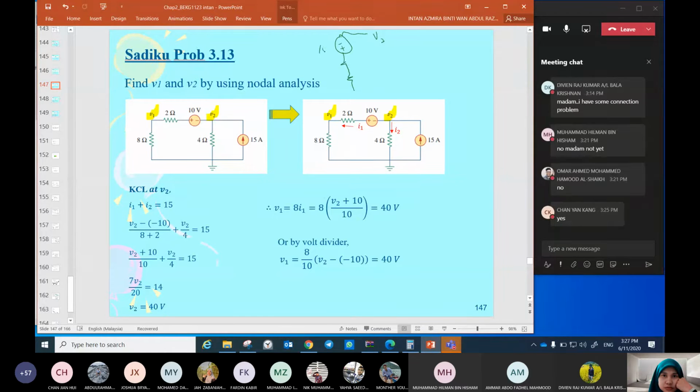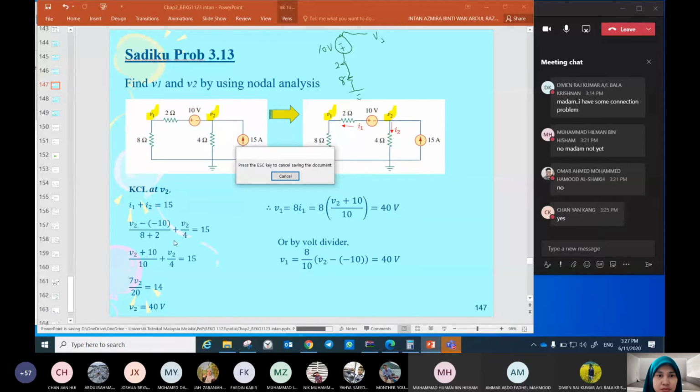This is grounding. And then I2 is equal to V2 minus 0, or V2, divided with 4, and then equals to 15. Finally we will get V2 is equal to 40.